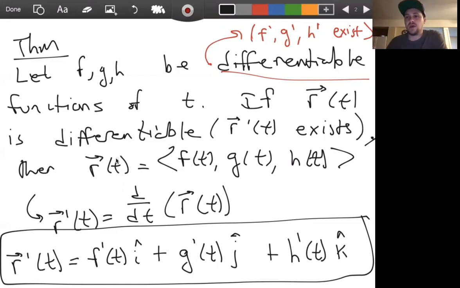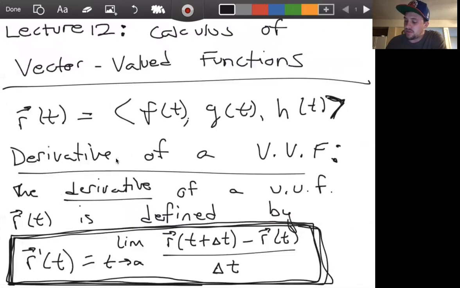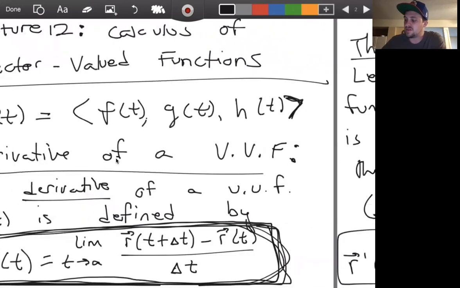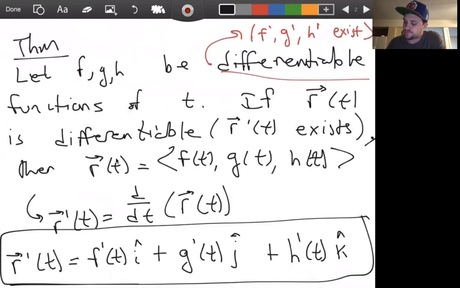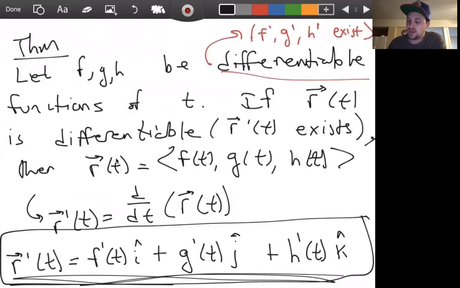Well, then since the derivative is simply a limit, at its core, the derivative is just a limit, that means we just pass the limit component-wise and then express it as a derivative, which means that we indeed get this nice property that to calculate the derivative of a vector valued function, we just need to calculate the derivative component-wise.